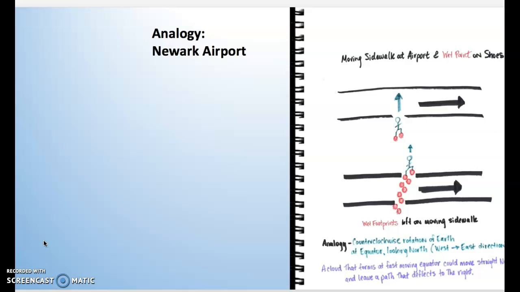And remember, you can stop here and read my analogy, but this is about the wet paint and you walking across that moving sidewalk because you've got to get over to the janitor's closet and get this wet paint off your feet. And you decide to walk directly across the moving sidewalk, and of course, you don't get directly across the moving sidewalk, you get pulled to the right. In much the same way as the counterclockwise direction of the Earth pulls you to the right with the Coriolis Effect.